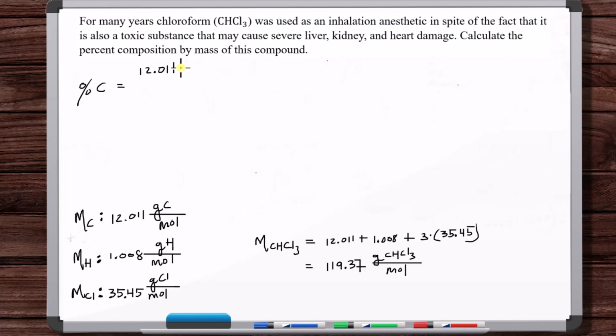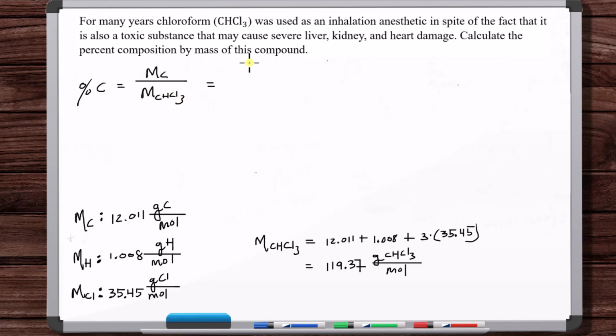So we've got grams of carbon per 1 mole of carbon. Okay. Well, we're doing the molar mass of carbon divided by the molar mass of CHCl3.